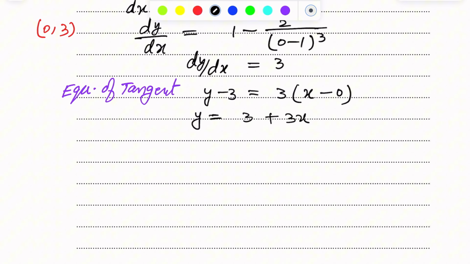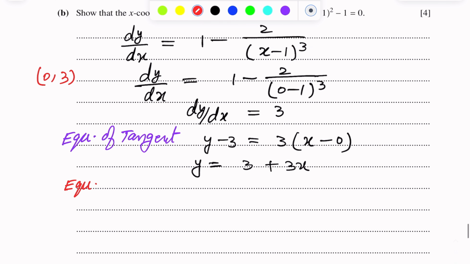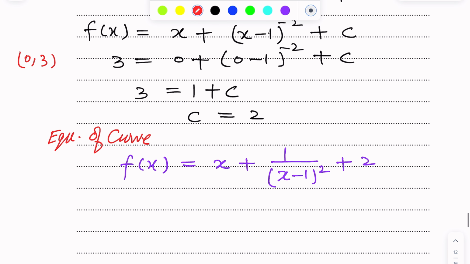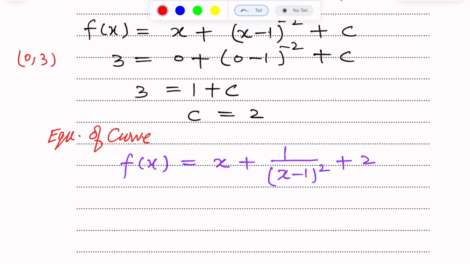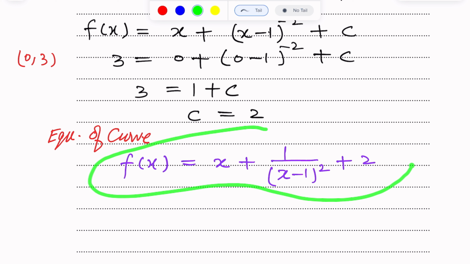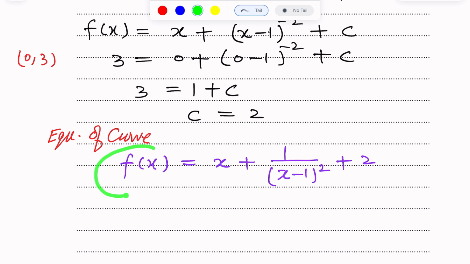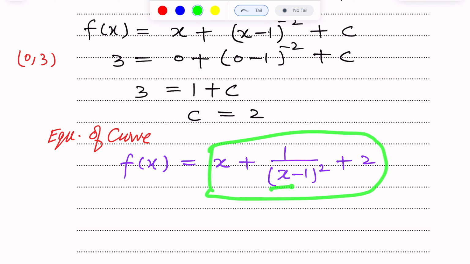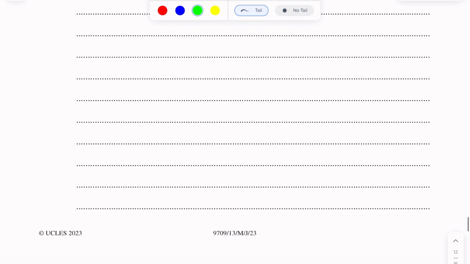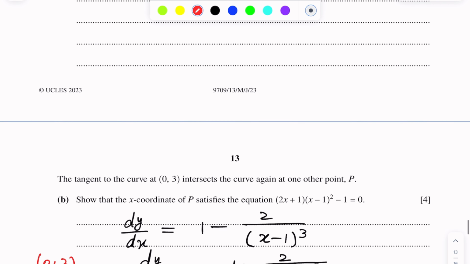Equation of curve we have found just. This is the equation of curve. Actually, this is f(x), that is y is equal to x plus 1 over (x minus 1) whole square plus 2. This is the equation of the curve.